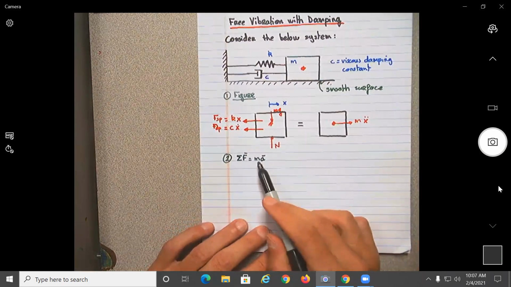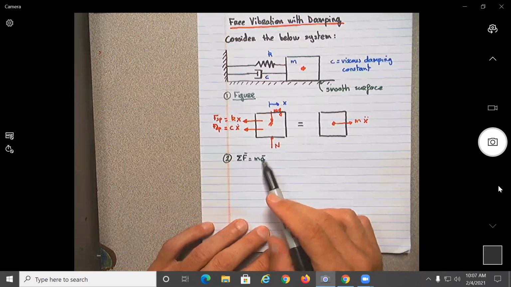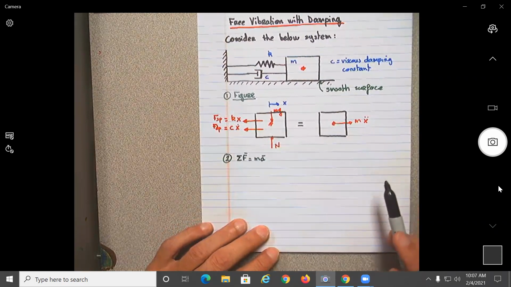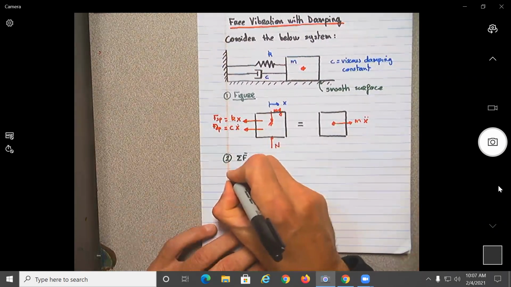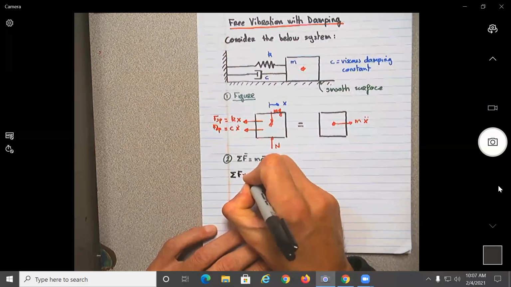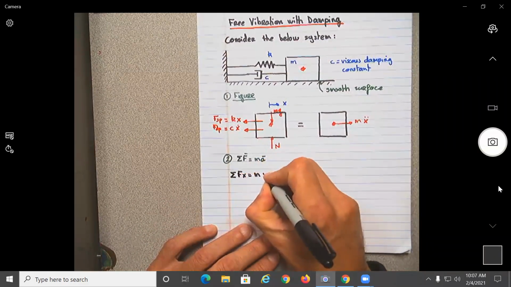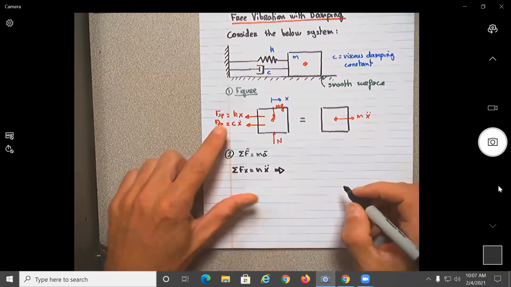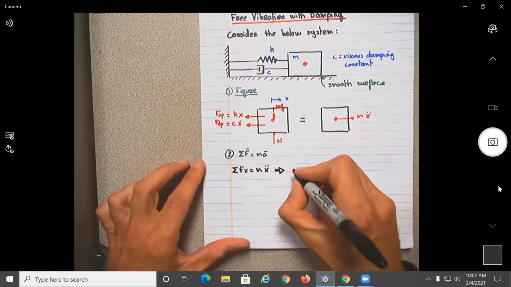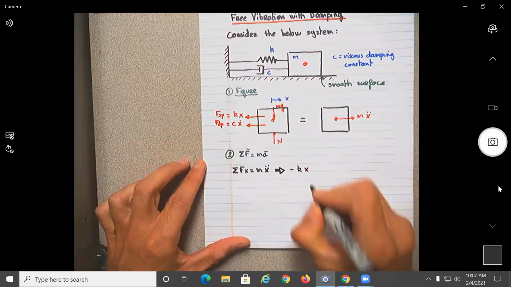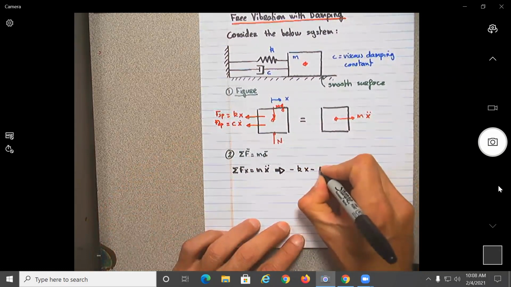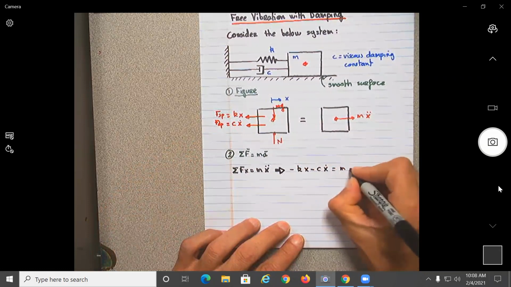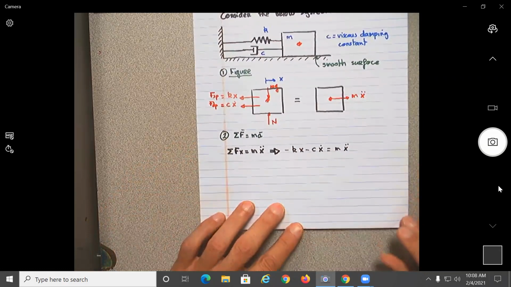The motion of the object is translation, only along x, so we apply the summation of forces on the x equal to m x double dot. The forces in the x direction, everything coming from the figure, are minus kx minus c x dot, equal to m x double dot.